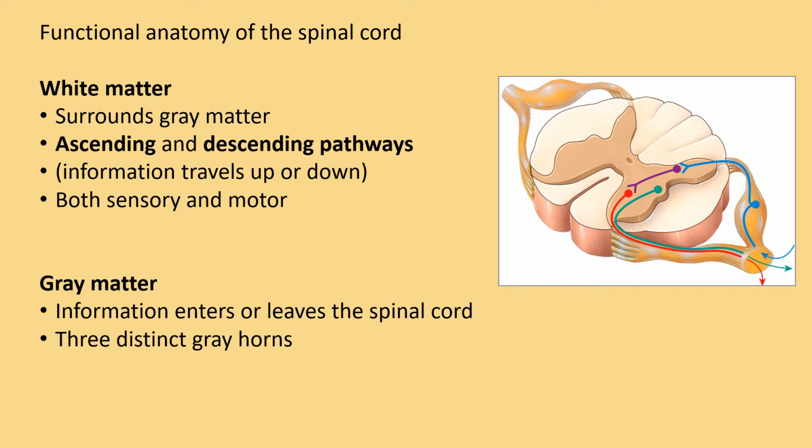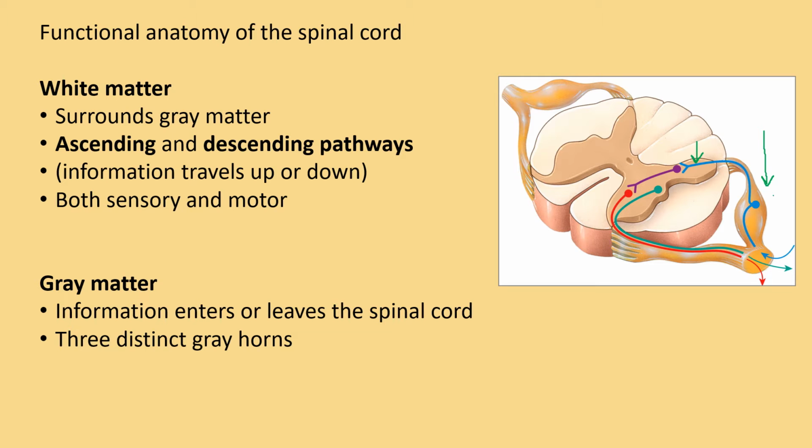Where you see this blue sensory neuron, it is delivering sensory information into the spinal cord via the posterior gray horn. So this little blip of gray matter right here is the posterior gray horn.